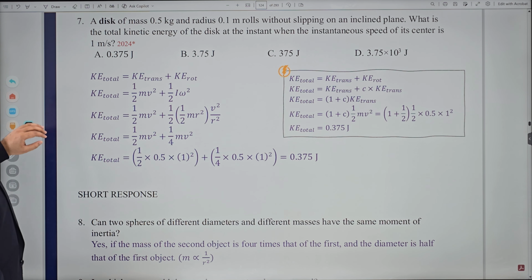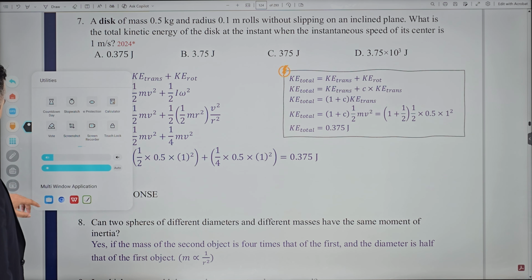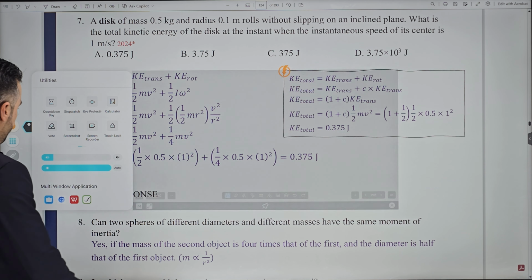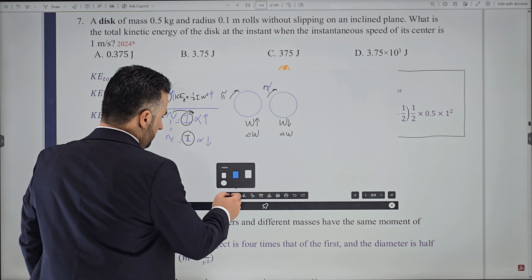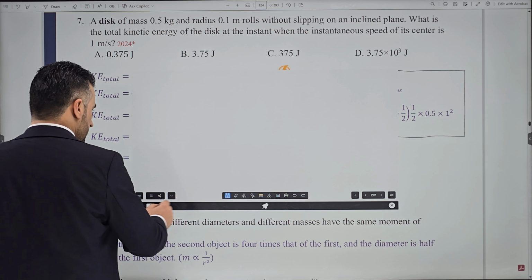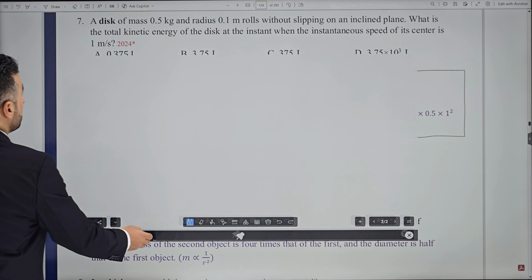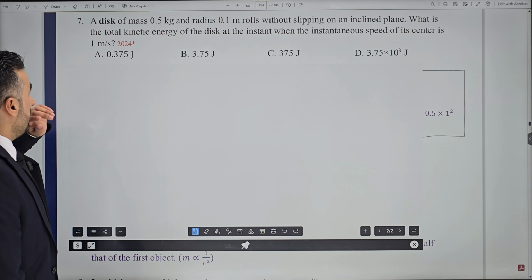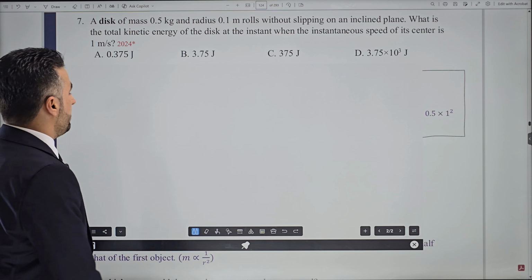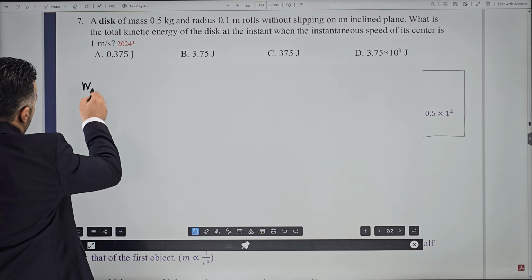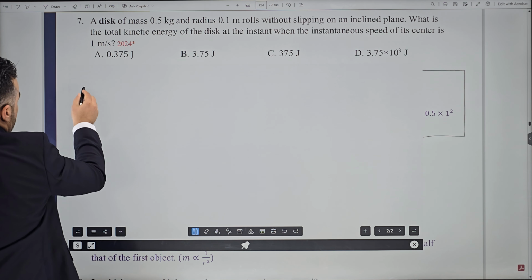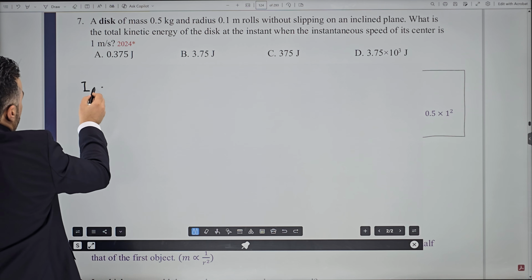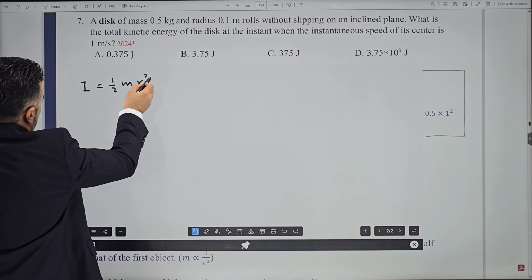The question says we have a disk of mass 0.5 kilogram and a radius of this much. So let's write this information down. For a disk, the moment of inertia is 1/2 mass times radius squared.